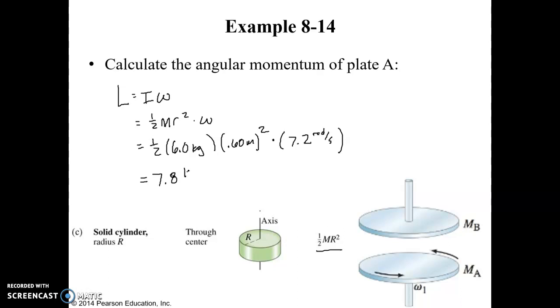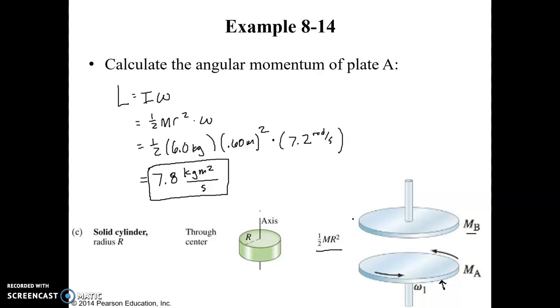It is kilogram meter squared per second. The radians just kind of fade into the background. So that is the angular momentum of plate A. This one that is spinning before it is pressed up against plate B.